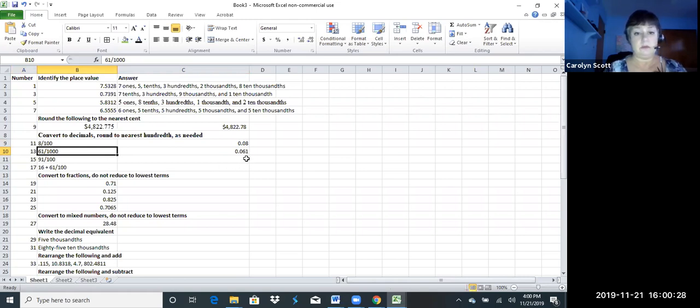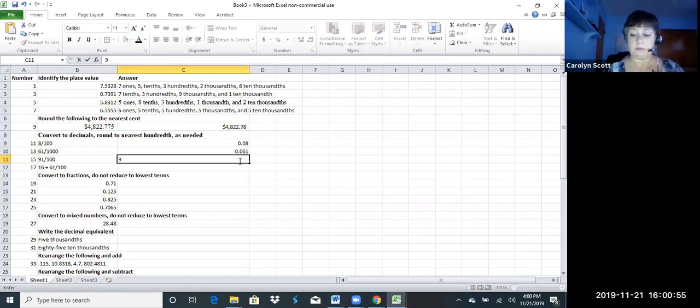So once again, in 61, we pretend there's a decimal there, and we move it 1, 2, 3. By that logic, 91 over 100, which is also 91 divided by 100, should be 0.91. Let's see if we're right.